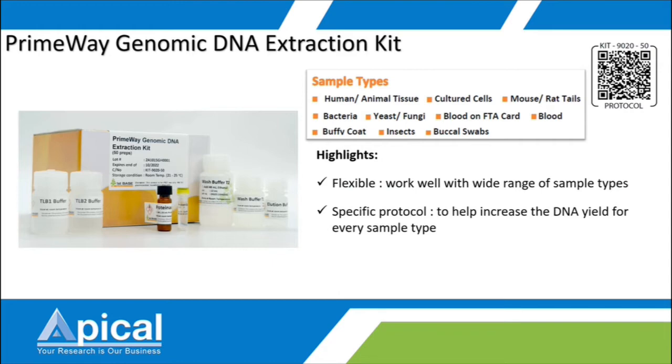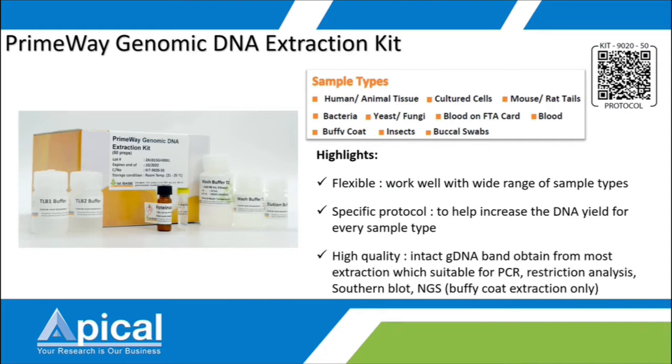Okay, so the extracted gDNA is good in quality and is suitable for PCR, restriction enzyme analysis, southern blot, and also you can actually get NGS grade human gDNA by extracting from the buffy coat of the blood. So we have a specific protocol for this NGS grade human gDNA extraction from the buffy coat.